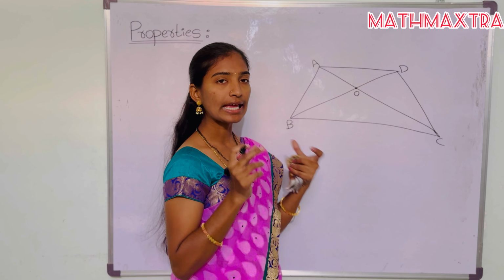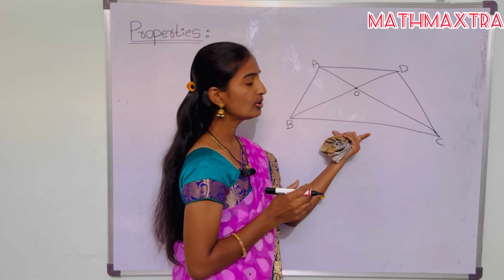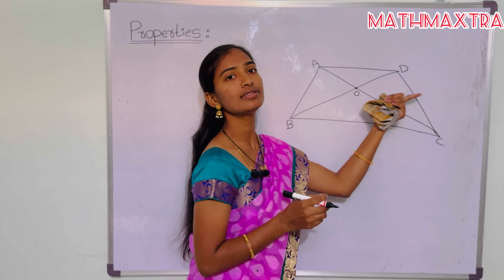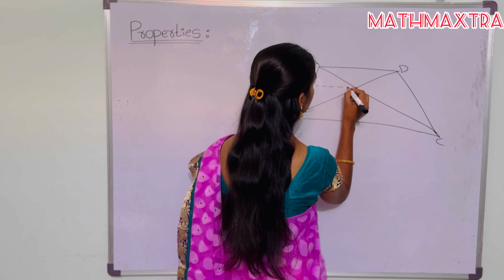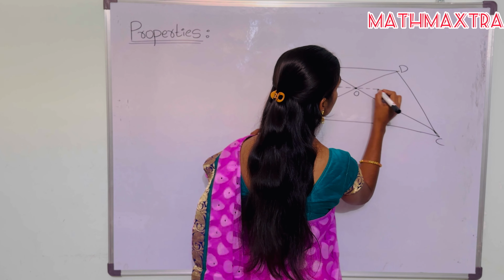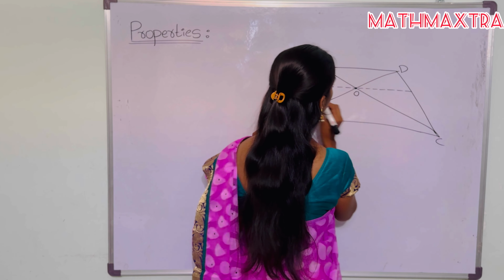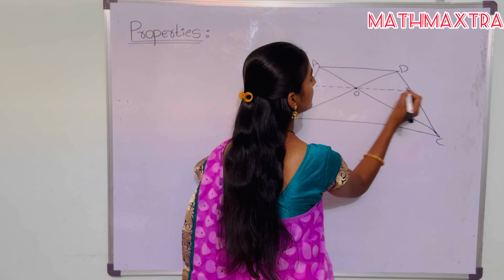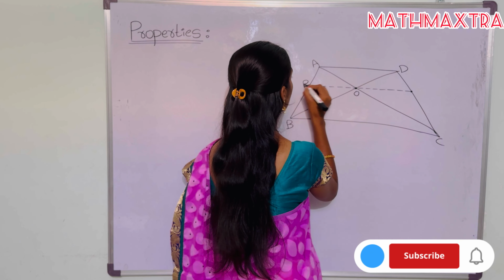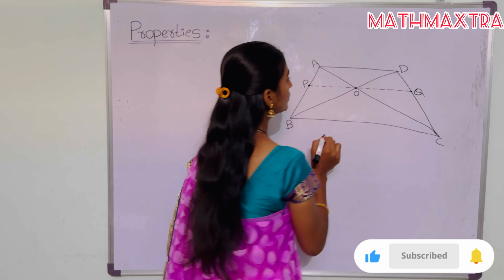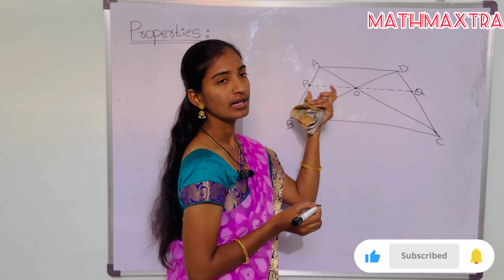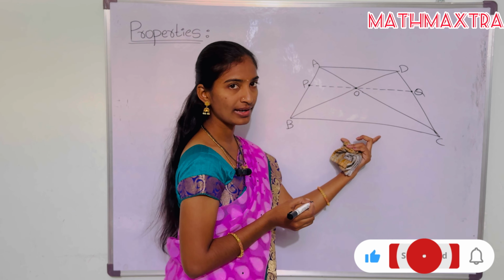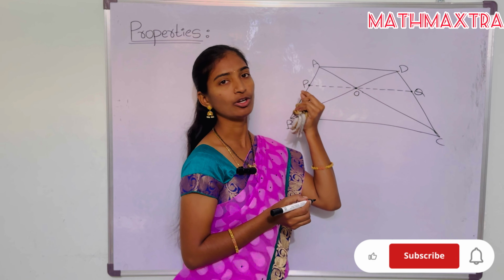I am drawing a line which is parallel to BC, the parallel sides, and passing through the intersection point of the diagonals. This line segment is PQ, joining the non-parallel sides, parallel to the parallel sides, and passing through the intersection point of the diagonals.